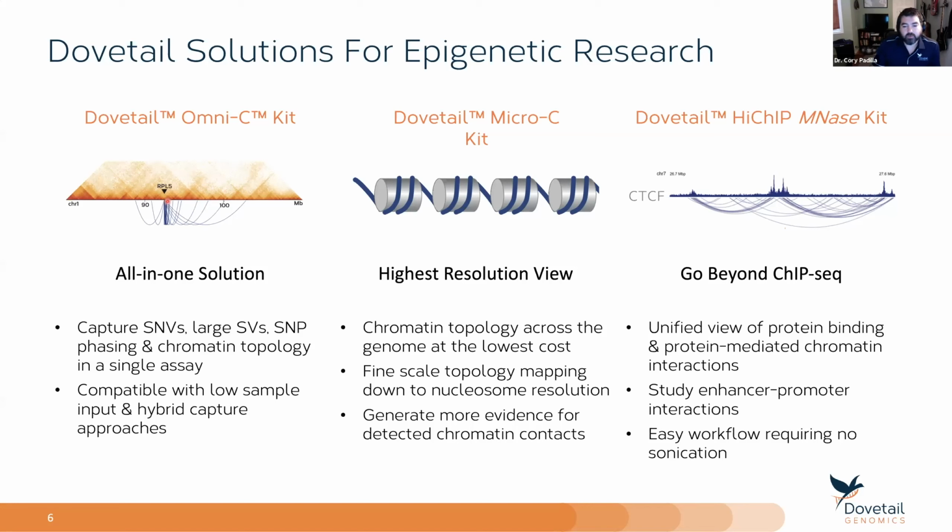And then the two that we're really going to dive into today are this Micro-C approach, which really gets you down to interrogating chromatin folding at the nucleosome level. And we'll show you why that is in the next slide as well. And then when we combine that with chromatin immunoprecipitation, you get what's called HiChIP, which gives you your ChIP signal, your enrichment over DNA protein binding sites, and the long-range interaction.